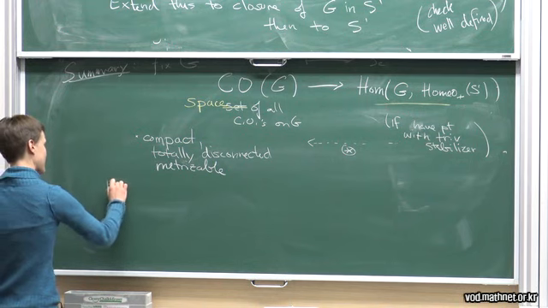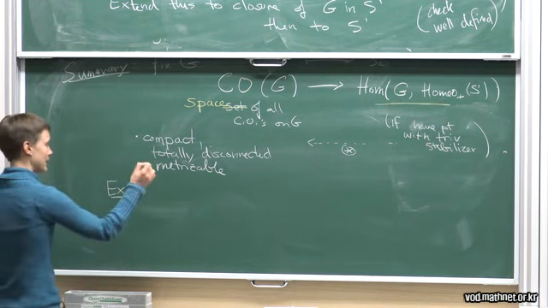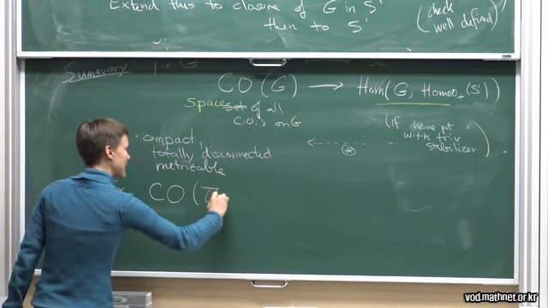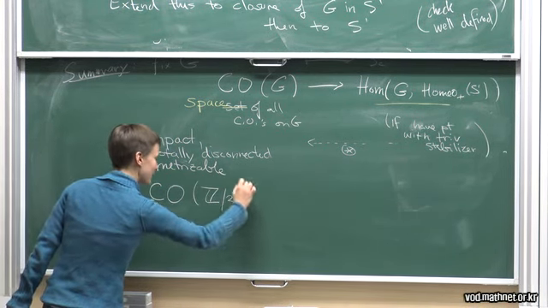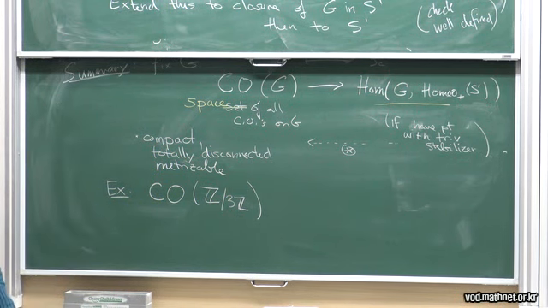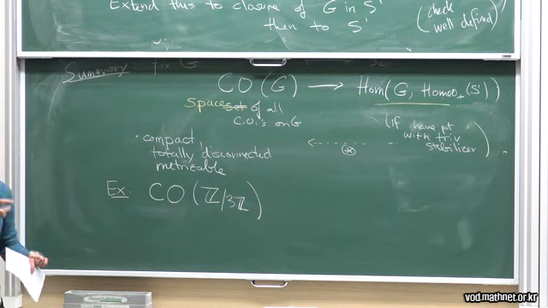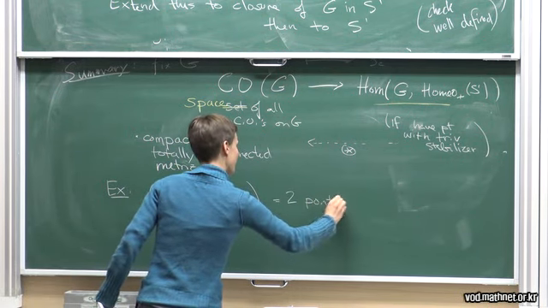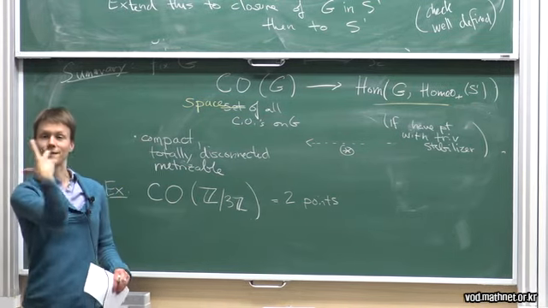And in some examples, it's actually pretty reasonable to get a hand on. So, let's do an easy example. If I take the cyclic group with 3 elements, what's the space of circular orders on this group? Anyone want to do this computation? What is that? 2? Yeah, it's exactly 2 points. So this is just a set with 2 points. There's this one, and then there's this one.